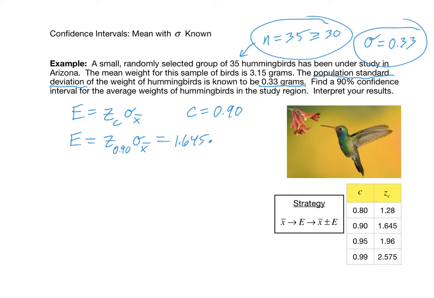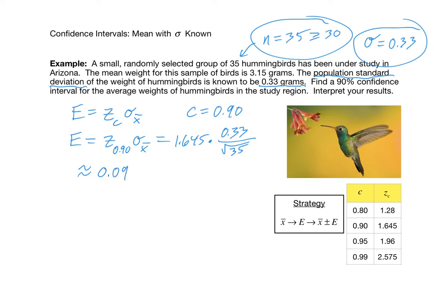And then remember, sigma sub x bar is sigma, which is this right here, 0.33, divided by the square root of the sample size. The sample size is 35, so it's divided by the square root of 35. Now we can plug this whole thing into our calculator and get an approximate margin of error of 0.09.